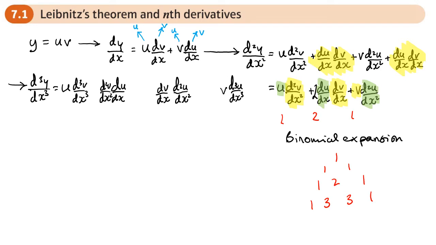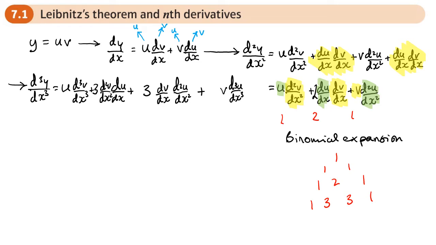So you can see we're just using the pattern. Then the last thing we need to do is to put in the coefficients: 1, 3, 3, 1. And we did that without actually having to use the product rule a third time.